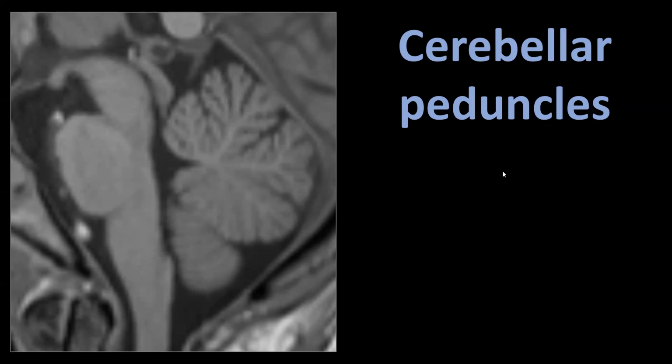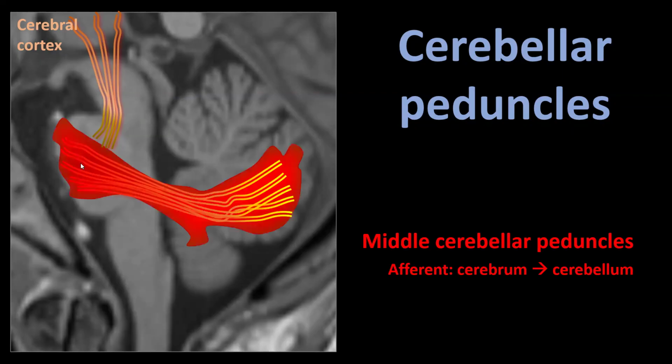So the cerebellar peduncles are basically a group of 3 paired white matter tracts connecting the cerebellum with the rest of the central nervous system. Here we see fibers coming from the cerebral cortex. These are corticopontine fibers, and as said, these will synapse in the pontine nuclei located in the basis, and pontocerebellar fibers will cross through the middle cerebellar peduncles to the contralateral cerebellar hemisphere.